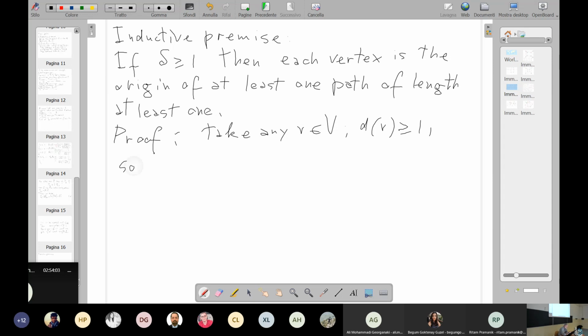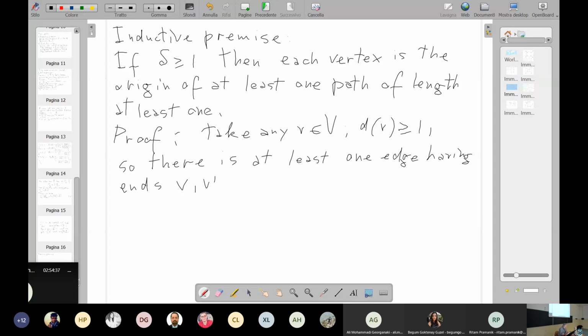So there is at least one edge having ends V and V prime, where V prime could be a different vertex or the vertex itself.